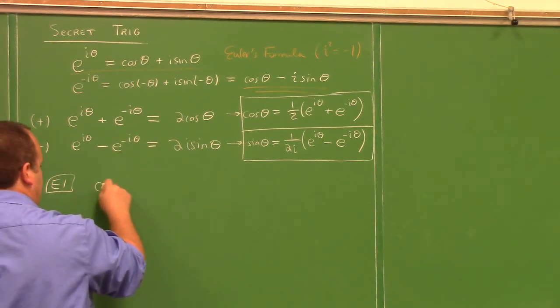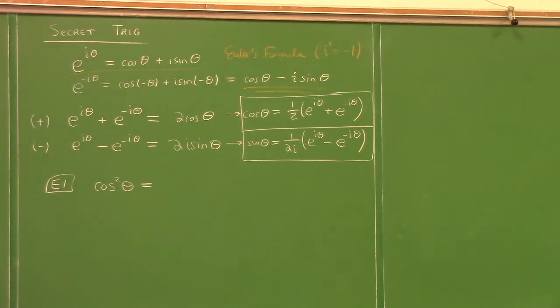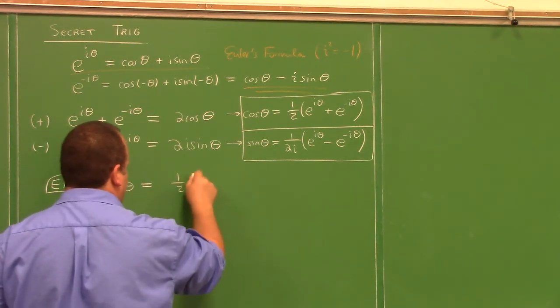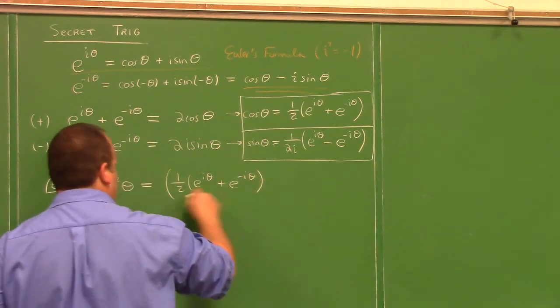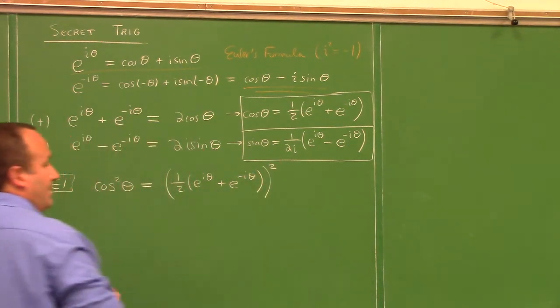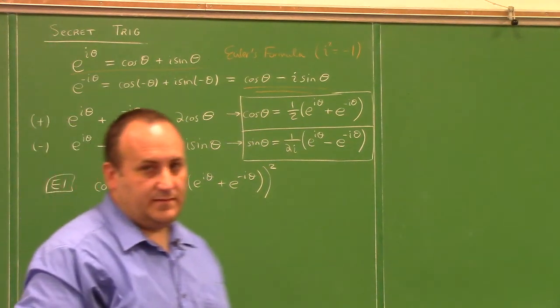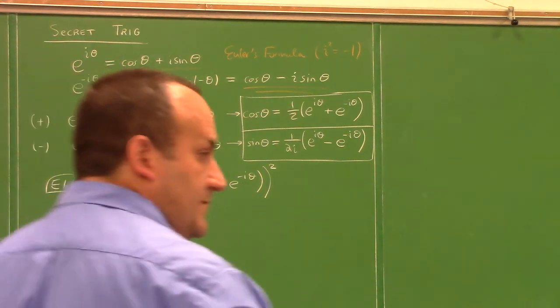Suppose you want to find an identity for cosine squared theta. Right? Cosine theta is 1/2 (e to the i theta plus e to the minus i theta), quantity squared, using the boxed formula. Now, the reason that the boxed formula is helpful is that the imaginary exponentials satisfy the usual laws of algebra.